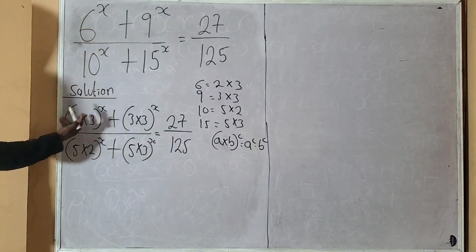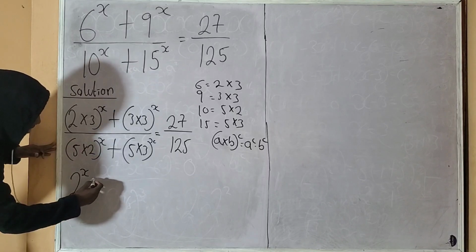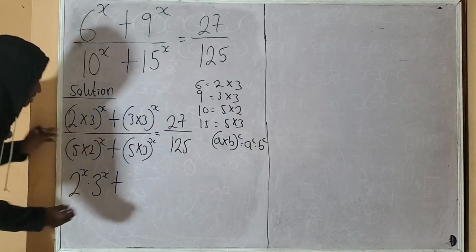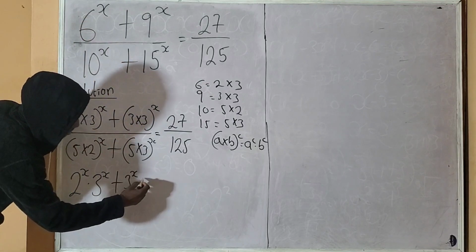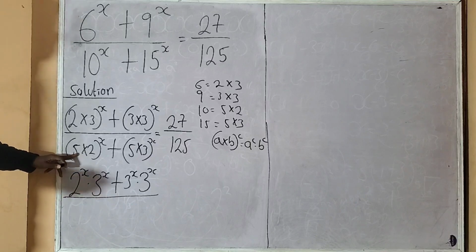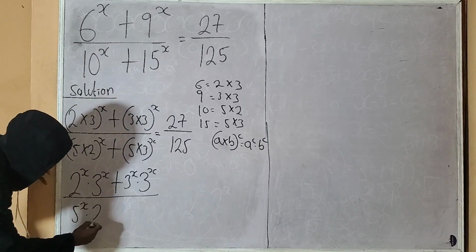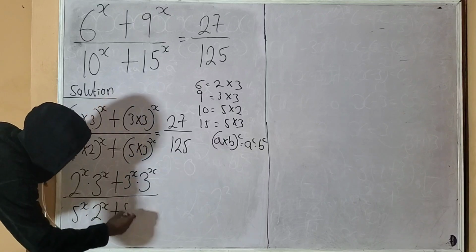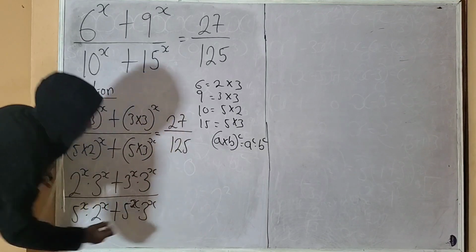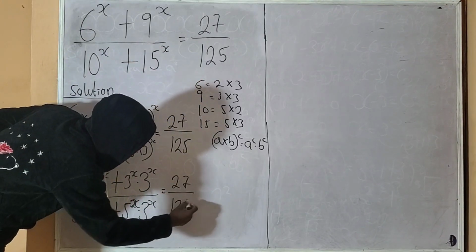So I'm having 2 times 3 raised to the power of x, I'm going to have 2 raised to the power of x multiplied by 3 raised to the power of x, plus, the same law, I'm going to apply it here: 3 raised to the power of x multiplied by 3 raised to the power of x, divided by, for the denominator, 5 raised to the power of x multiplied by 2 raised to the power of x plus 5 raised to the power of x multiplied by 3 raised to the power of x. This will be equal to 27 divided by 125.